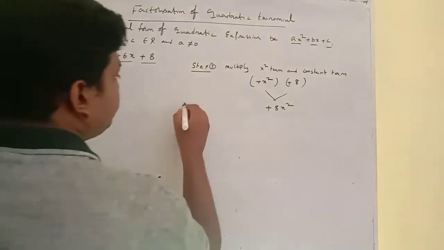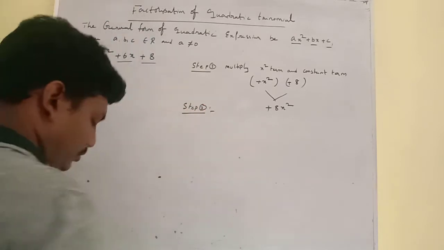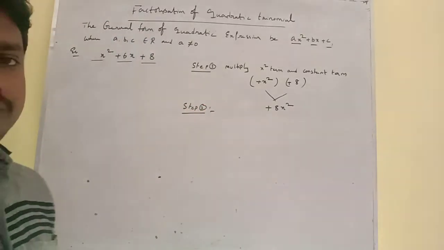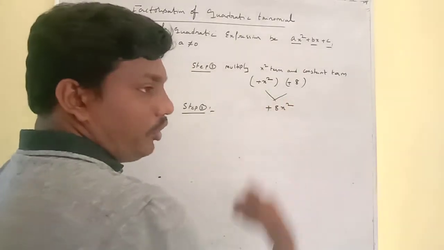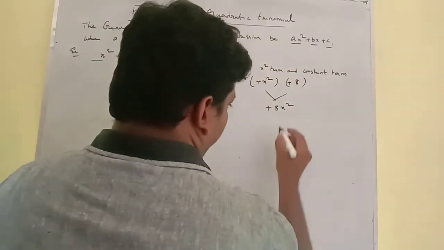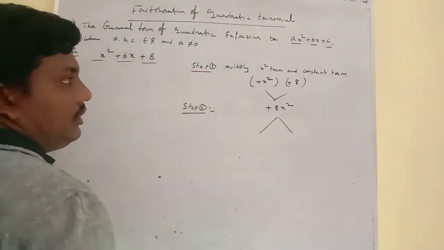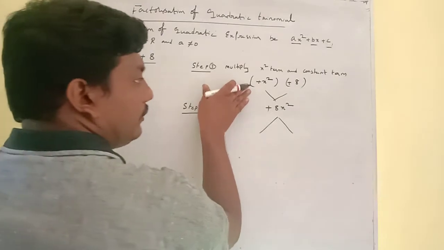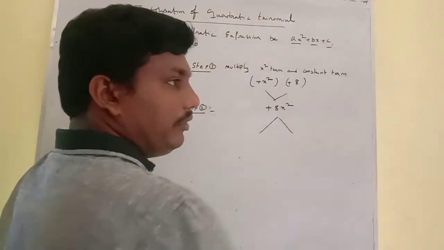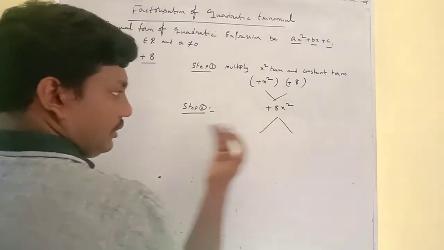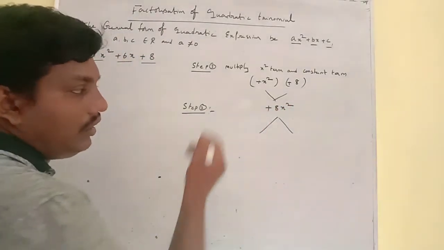Now step 2. In this step, we are going to divide the obtained product into two factors. We take the variables, then the number, and finally find the symbol.